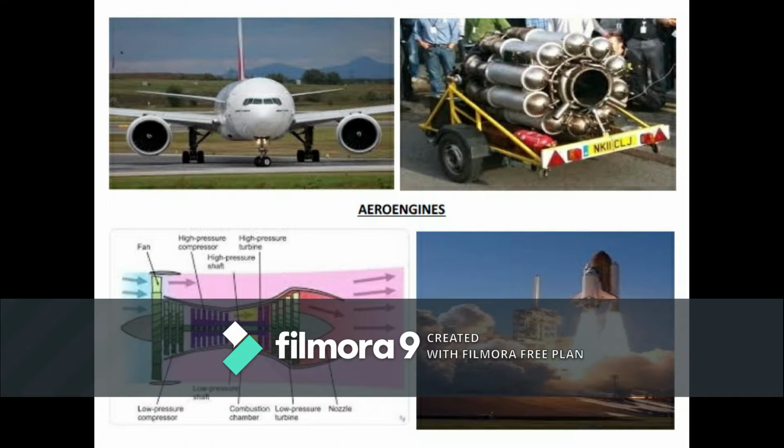At that time, jet engines were not used. Even small aircraft nowadays have piston engines only. But the aircraft I have shown in other videos, and the picture I am showing here, is actually a jet engine, and at the last I have shown a rocket engine.